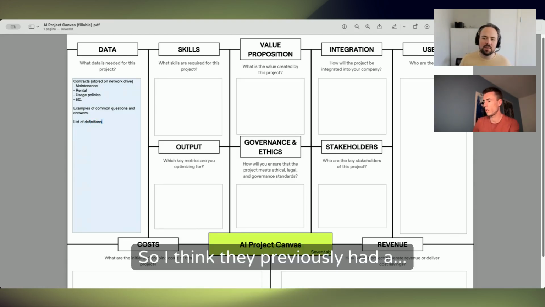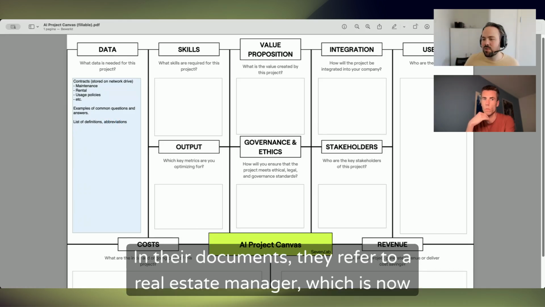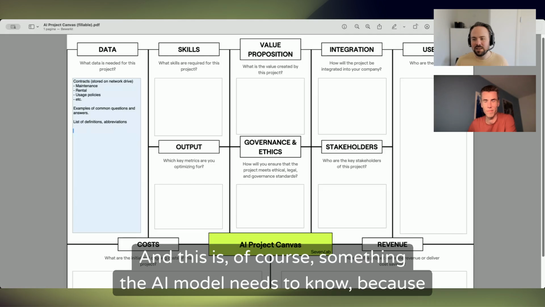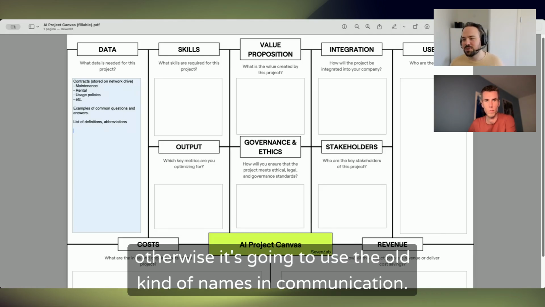Previously in their documents they referred to a real estate manager, which is now being called a little bit differently, for instance. And this is something the AI model needs to know, because otherwise it's going to use the old names in communication.